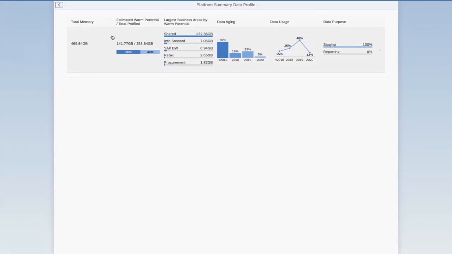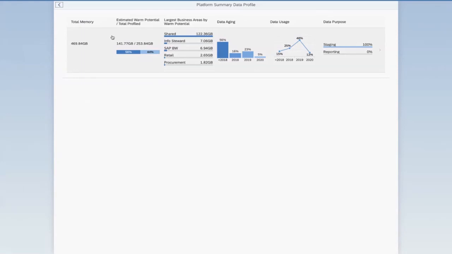Once we run all the analysis, for the entire system we see that we have 141 gigabytes of estimated warm potential. What do we mean by that? We have 141 gigabytes of data that is aged from before 2018.